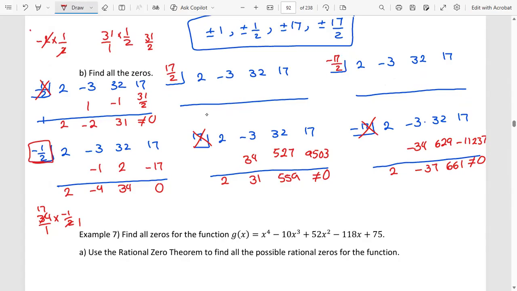Bring down 2. 2 times 17 over 2 is 17. 17 minus 3 is 14. 14 times 17 over 2. You can simplify 2 and 14, and you get only 17 times 7, which is 119.